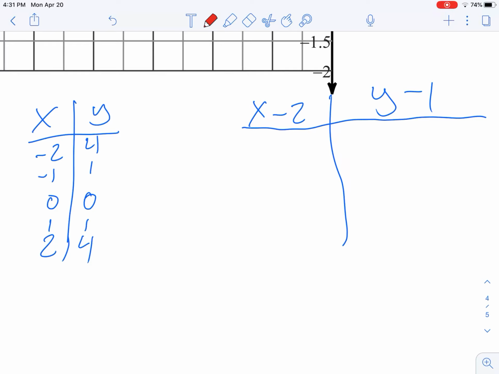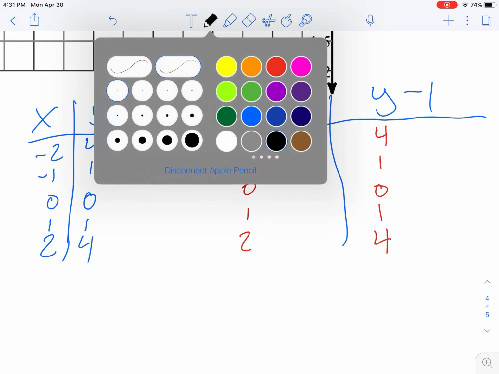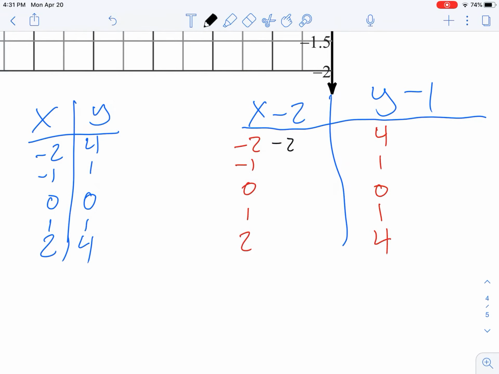Okay, so I'm going to replace my x with -2, -1, 0, 1, and 2. Those are my x values from over here. I'll replace my y's with my y values of 4, 1, 0, 1, and 4. And then I'm following whatever I've written up here. So that's -2 to everything. This one's -1 to everything. Not that bad.